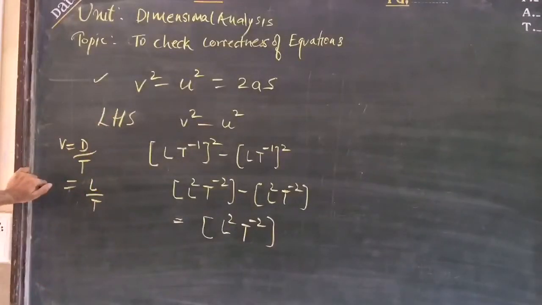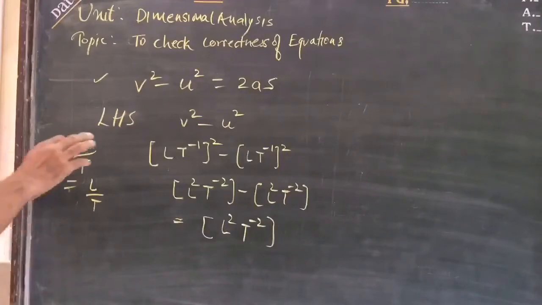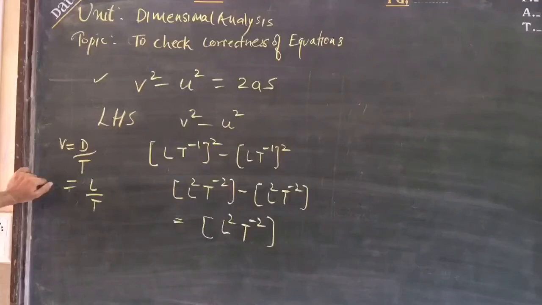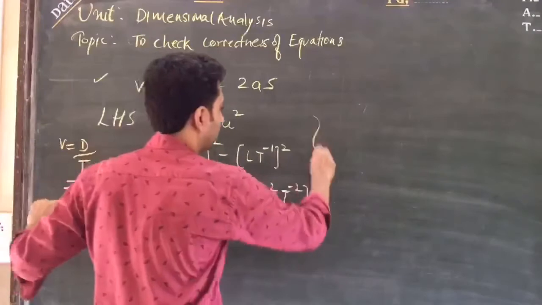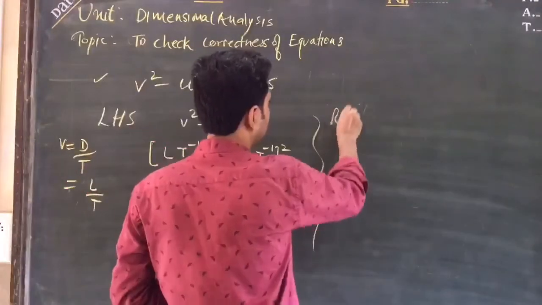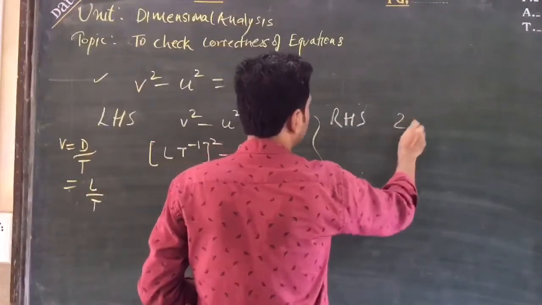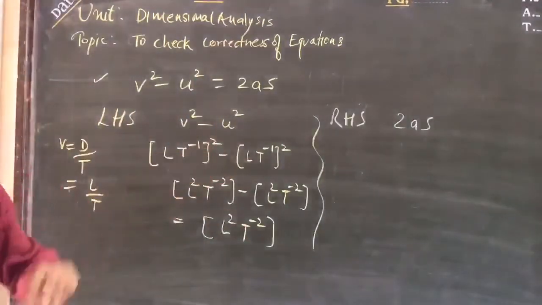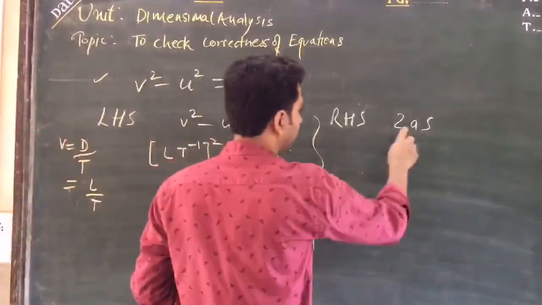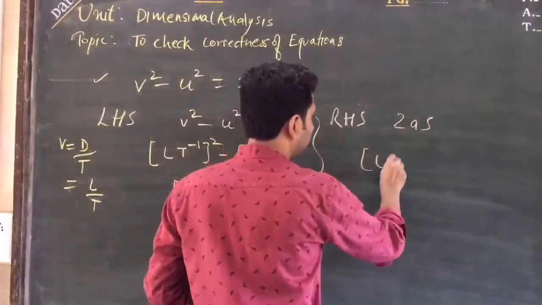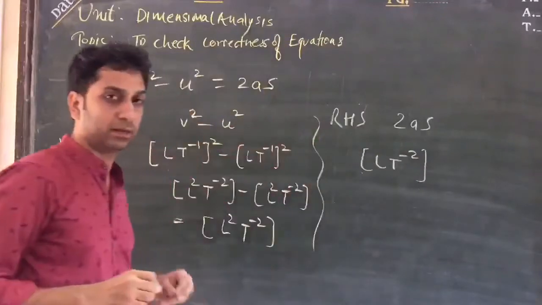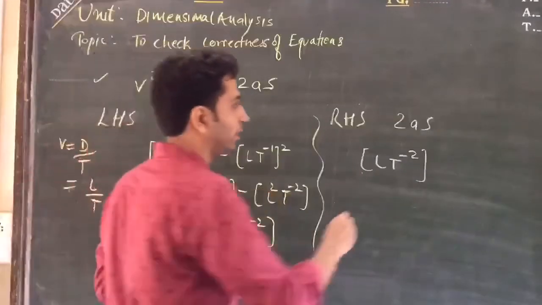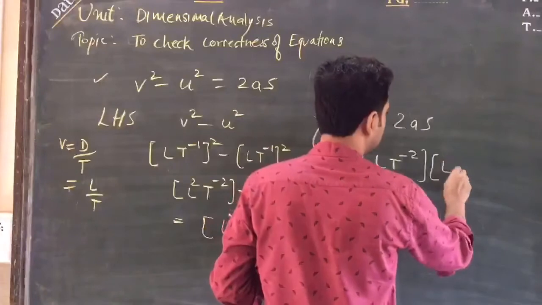Now we need to check whether the right side also gives the same dimensional formula. If it does, then it is correct. Otherwise, there may be some problem with the given equation. Now the right hand side, that is 2as. 2 is just a constant and possesses no dimensions, so we can ignore it. a represents acceleration, whose dimensional formula is velocity over time, that is LT minus 2, multiplied by s, the displacement.